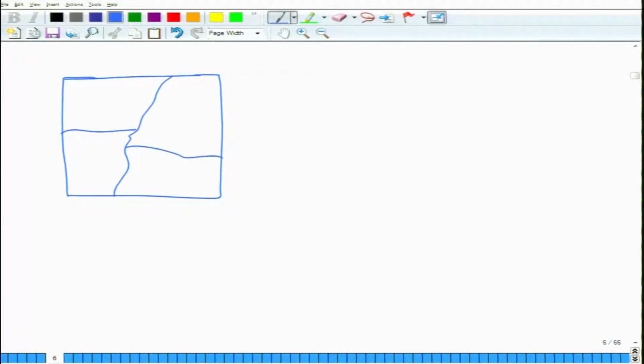so what could happen is that in this part of the crystal you can have an atomic arrangement like this. Okay.